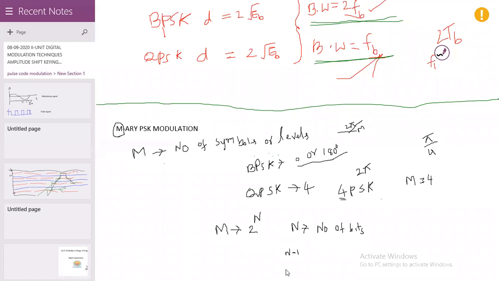That is BPSK. For n equal to 2, how many symbols? 2 to the power of 2, 4 symbols, which is nothing but QPSK.